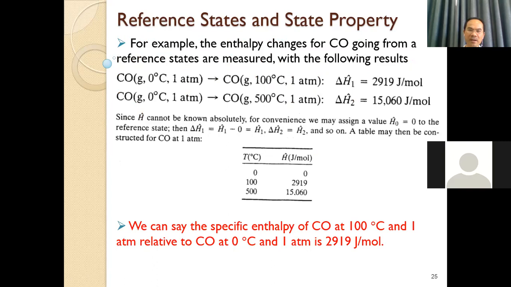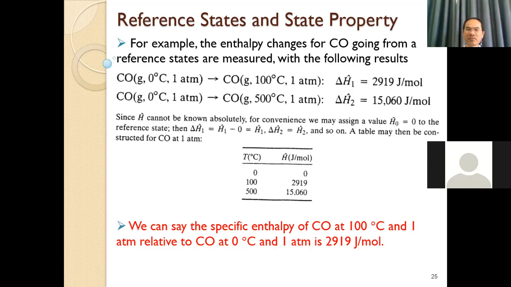We check the enthalpy at 100 referenced to 0 Celsius. It's equal to 2,919 joules per mole. And if we reference 500 to 0, it's equal to 15,060 joules per mole. What does it mean?